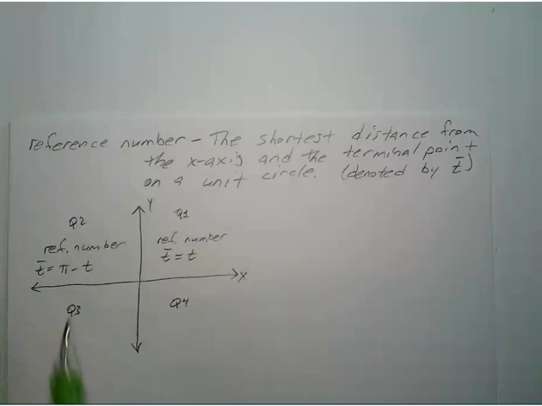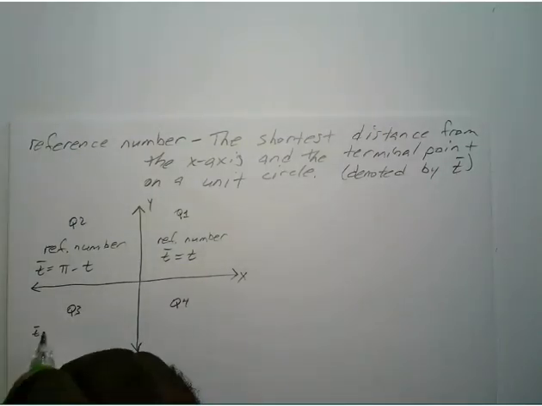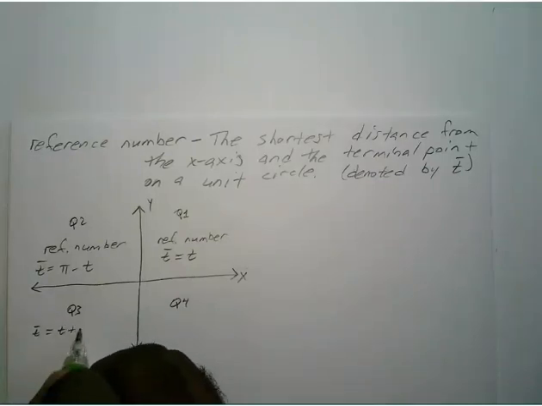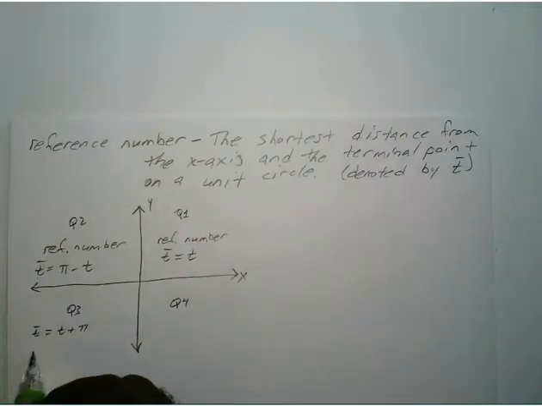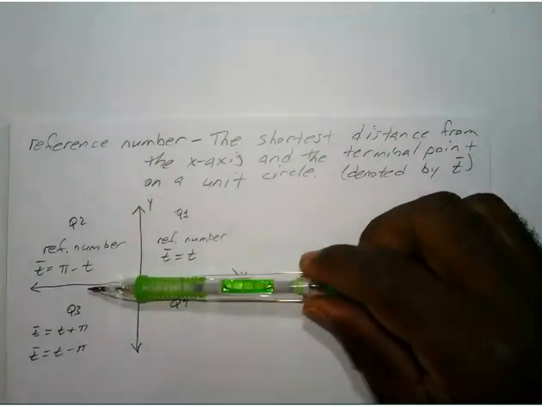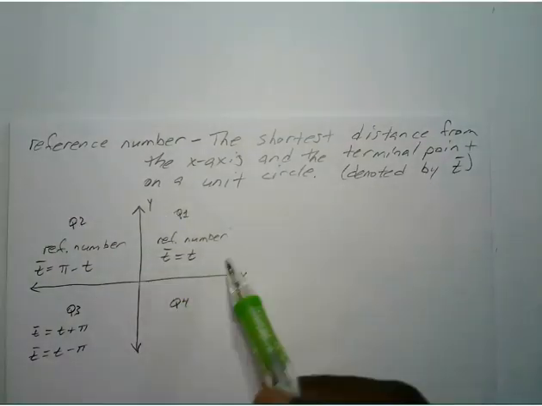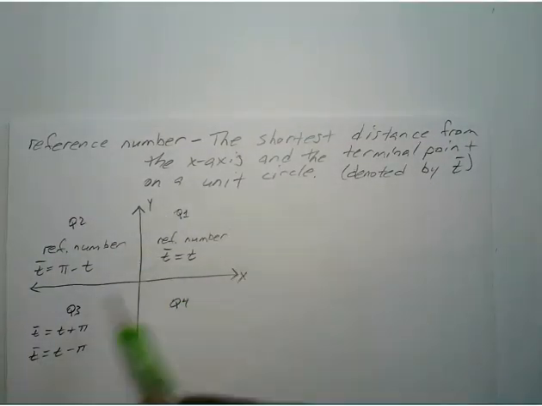Okay, now in quadrant 3, your reference number is going to equal t plus pi, or it can equal t minus pi. It depends on which direction you're coming from. If you're looking for t plus pi, let's say it's pi over 4, going over here, your reference number is 45 degrees or pi over 4.